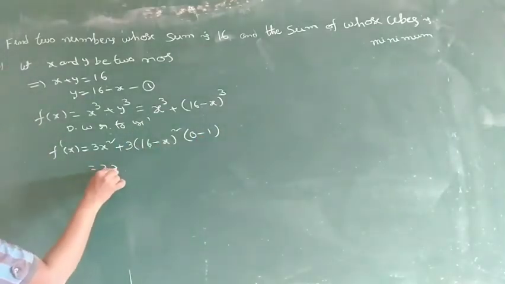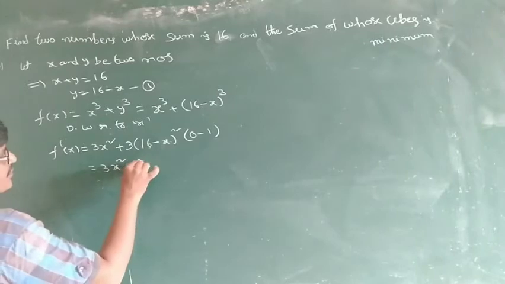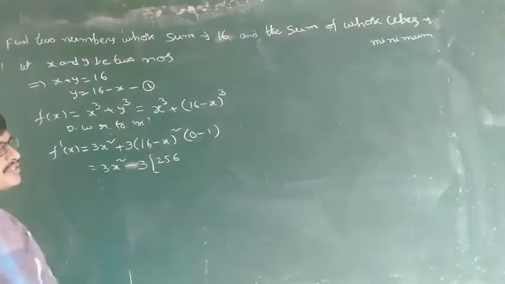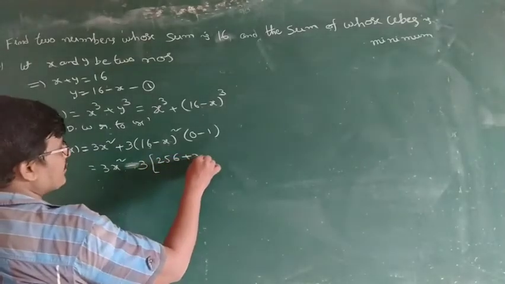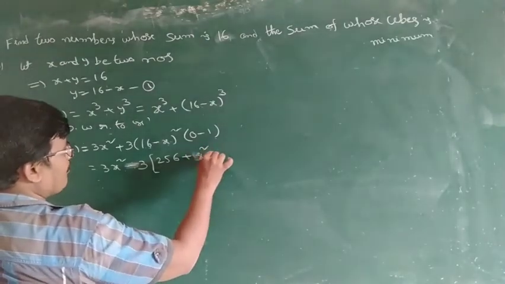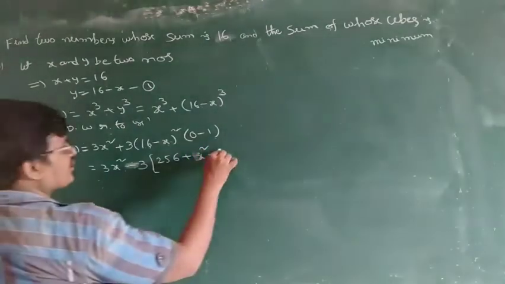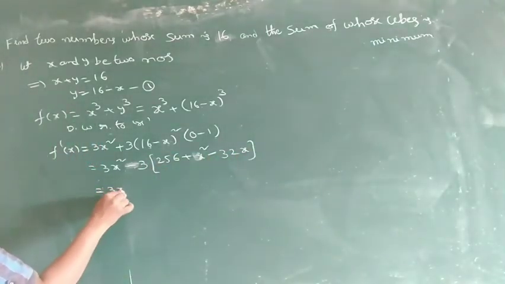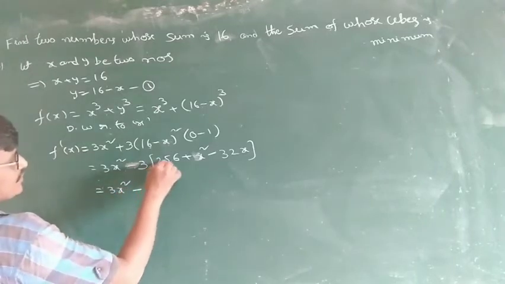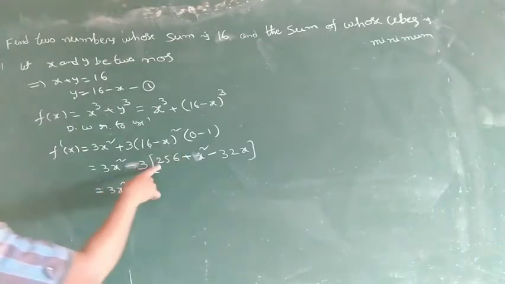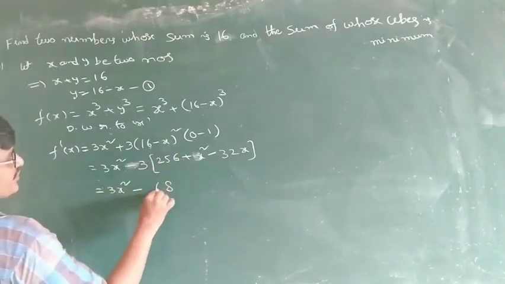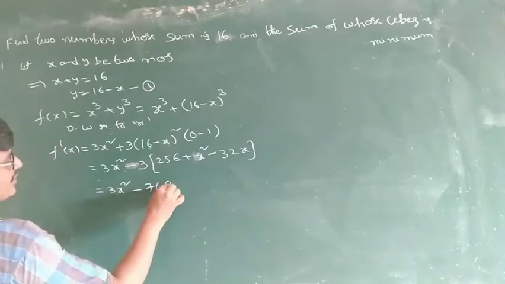So 3x square minus 3 into (a minus b) whole square. (a minus b) whole square is a square plus b square minus 2ab. 16 into 16 is 256, and 2 into 16 is 32.